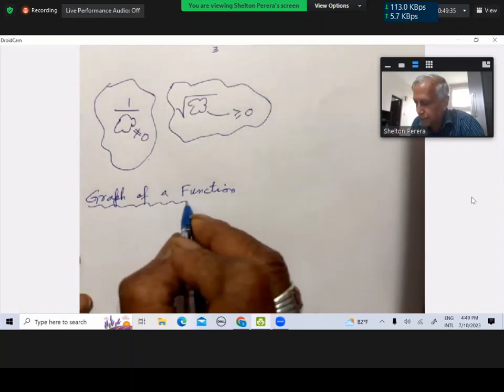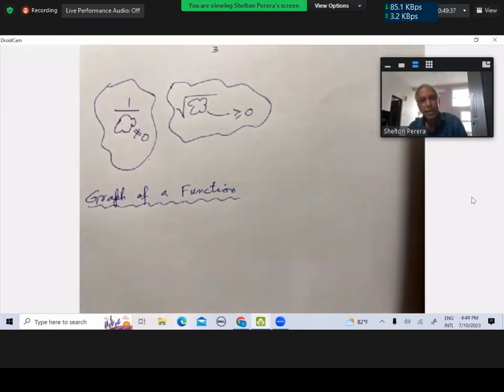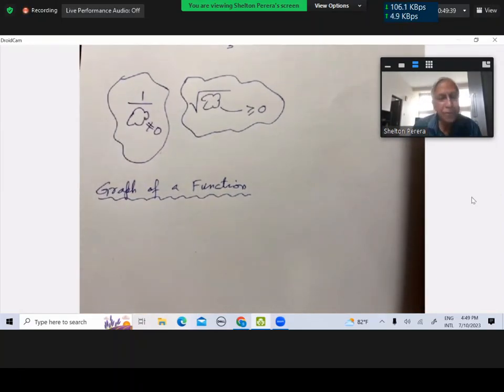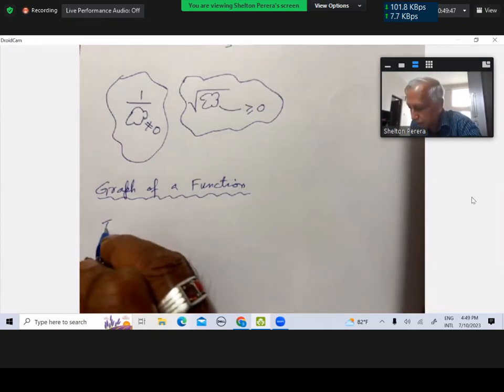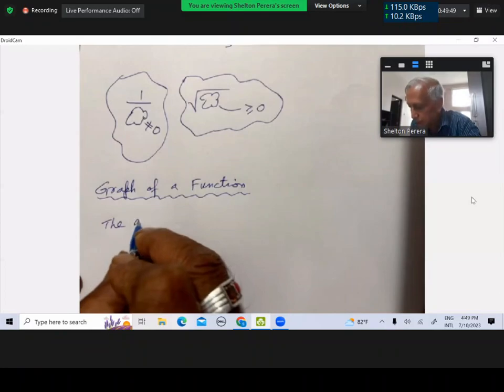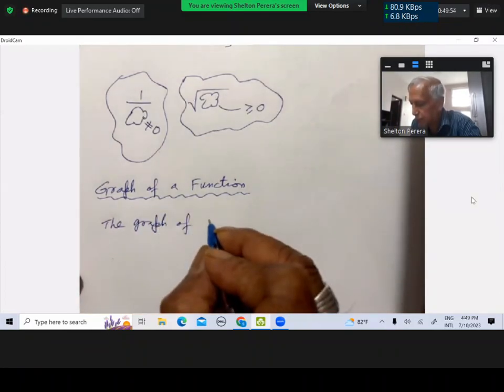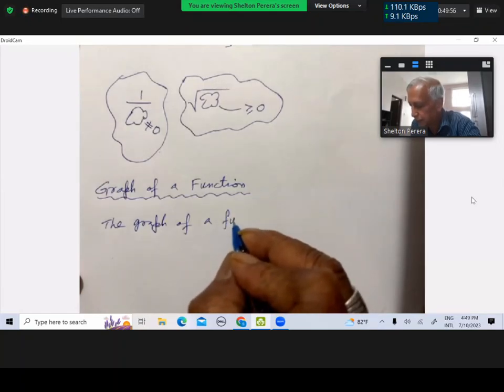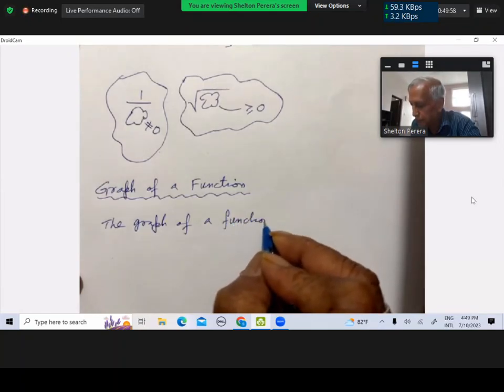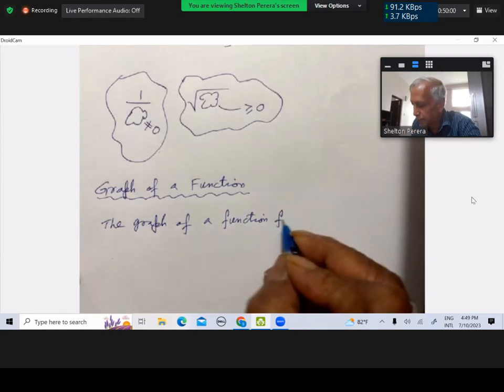Last time we spent some time sketching graphs of equations. The graph of a function f.